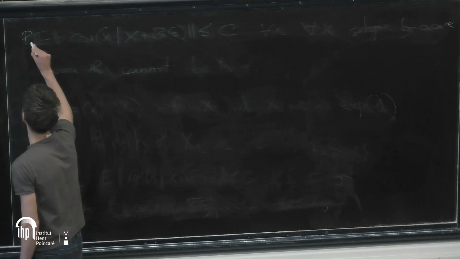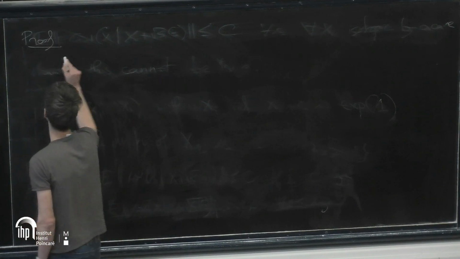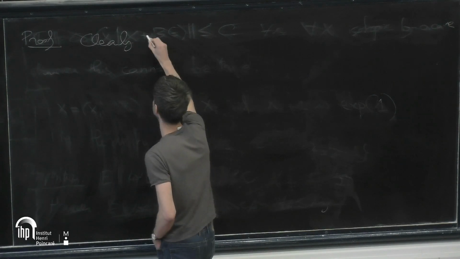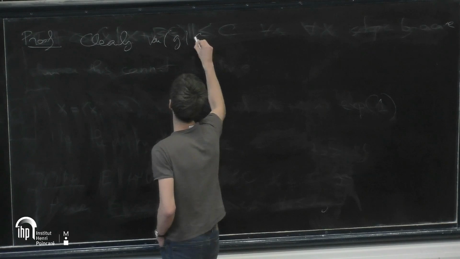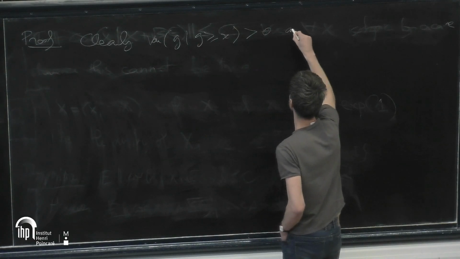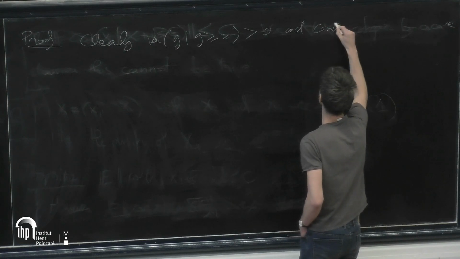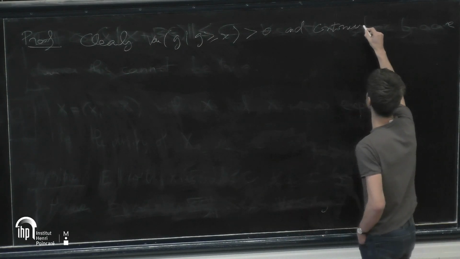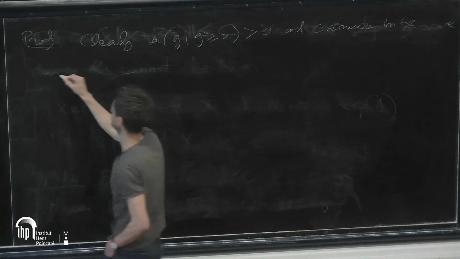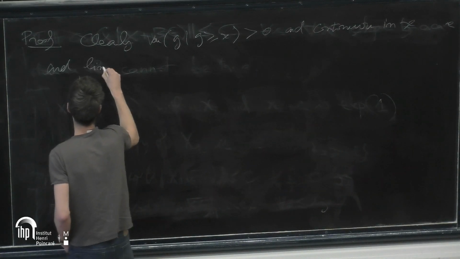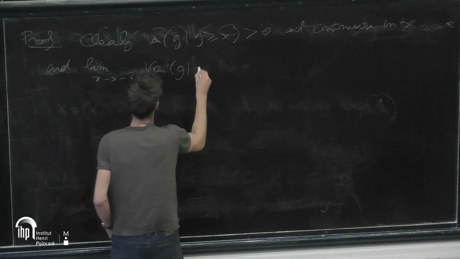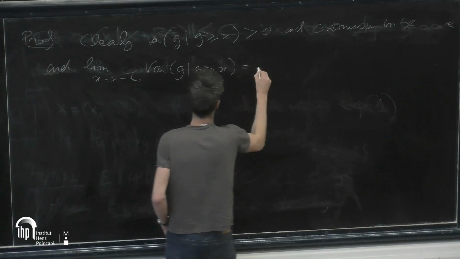Okay, the proof. Clearly, var G_x is positive and continuous in x, and the limit as x goes to minus infinity equals 1.